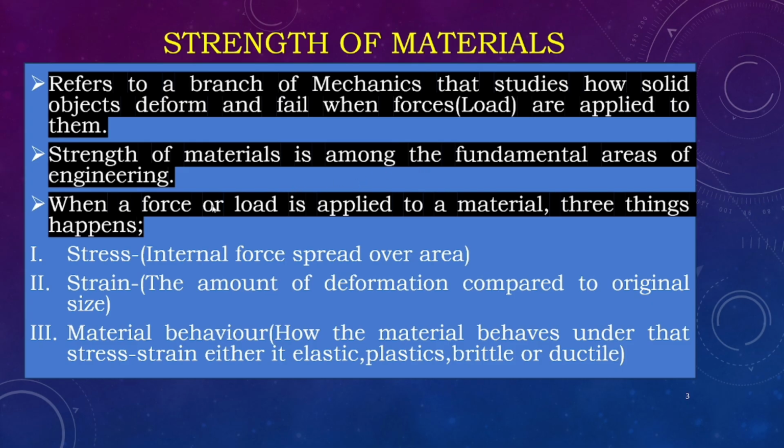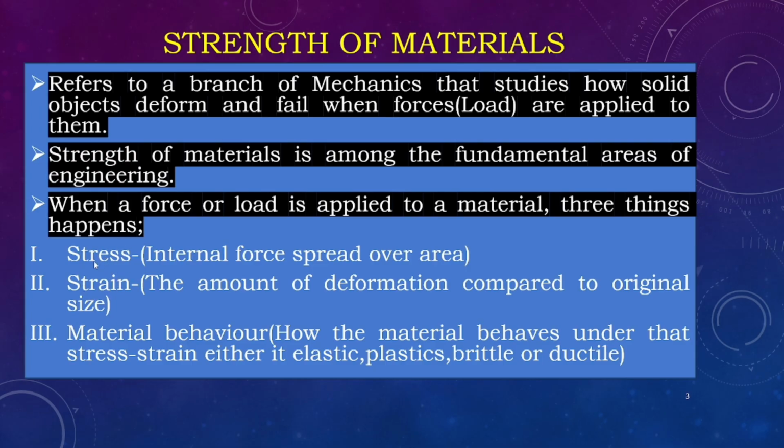So let's see this. When a force or a load is applied to a material, three things happen. First of all, stress is induced in it. What is stress? It's the internal force spread over an area. So you can have a bigger force but a smaller area over which it acts, and that's what gives us stress.